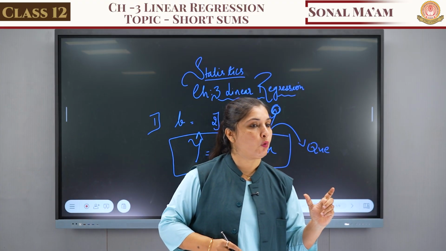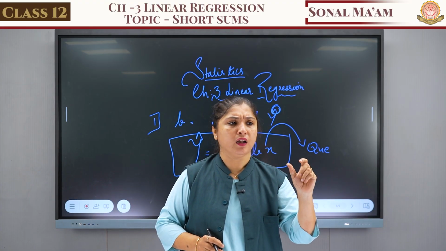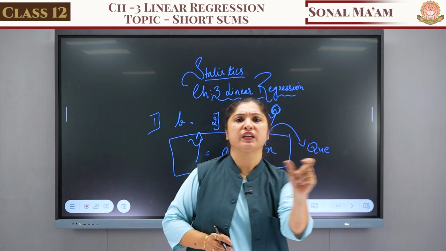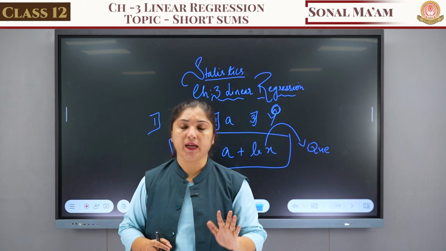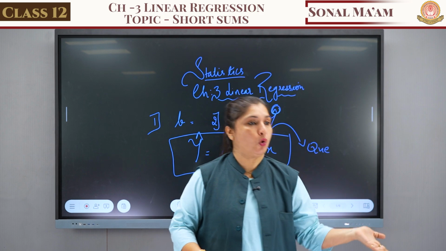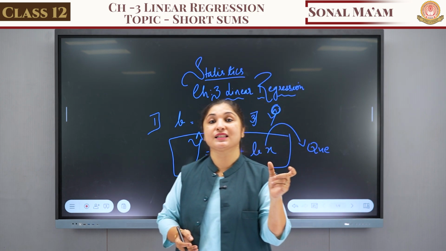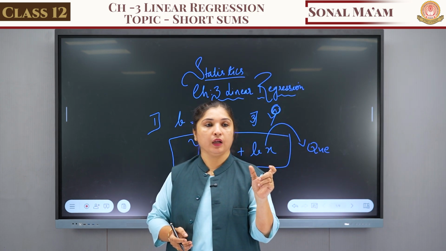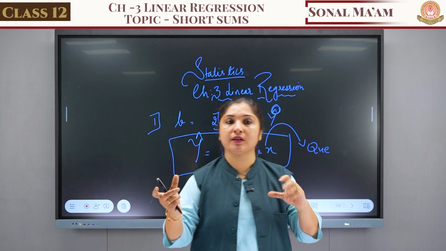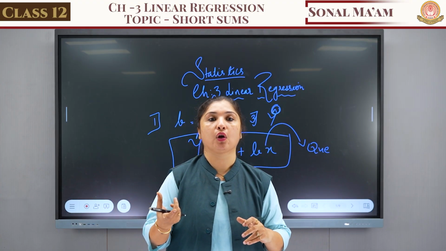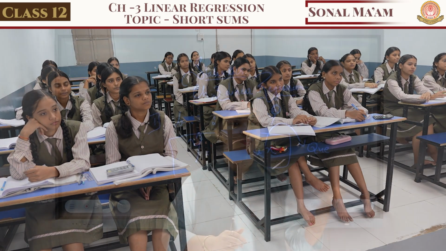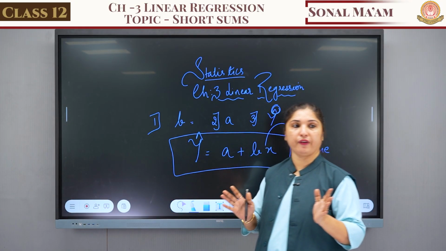You are finding an estimated figure: if I study this many hours, I will get this much result. It can be yes also, it can be no also, and that is what we call error. If there is a change between the actual and the estimated value, that is what we call an error.